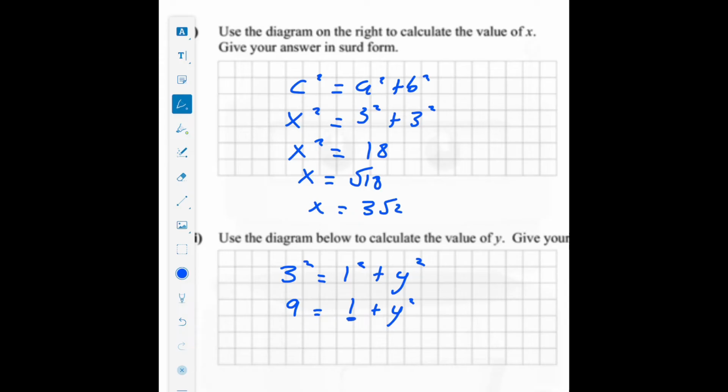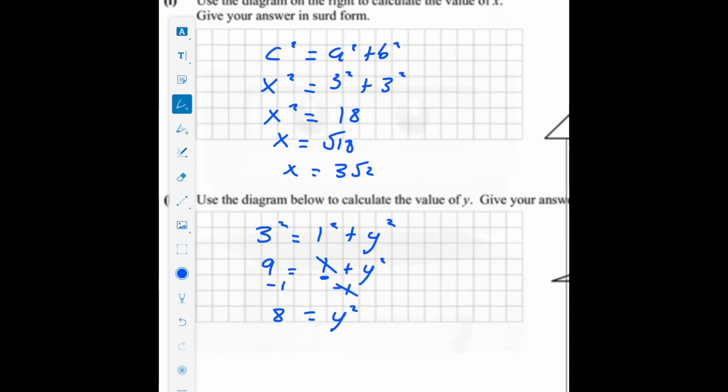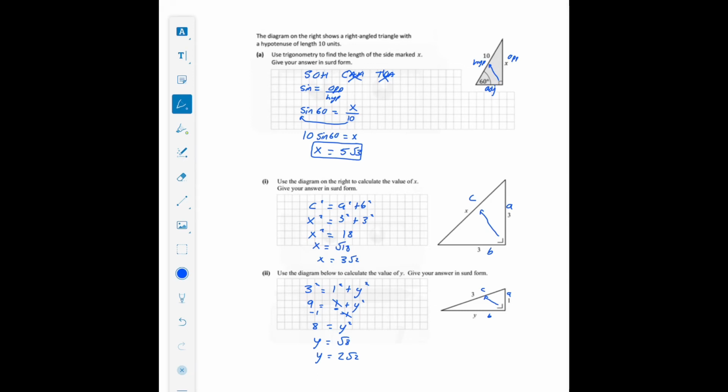To get rid of that 1, we'll subtract 1 from both sides. They'll cancel each other out, so we'll be left with 9 minus 1, which is 8, is equal to y squared. So y is equal to the square root of 8, or y is equal to 2 root 2. Okay, again, your answer there is in surd form.